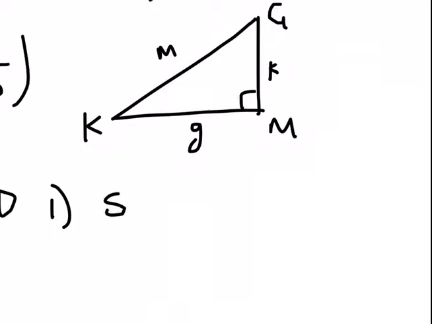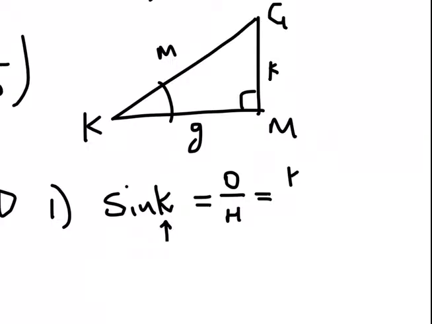So if I say to you, state the following in terms of G, K, and M, and number one, I say sine K. What I want you to do here is assume that K is the reference angle. So this is now the reference angle. What we know is that sine is opposite over hypotenuse, but you need to rewrite it in terms of M, G, and K. So which side is opposite?